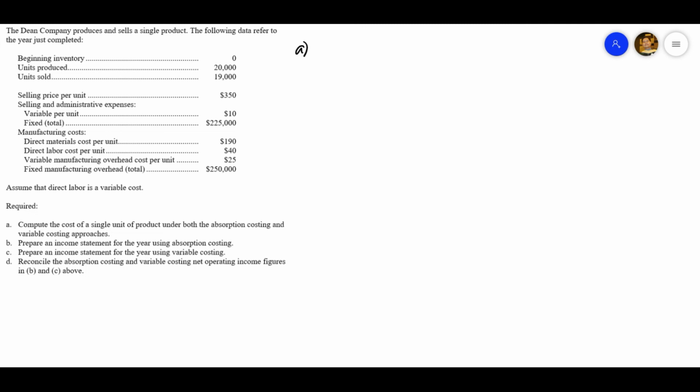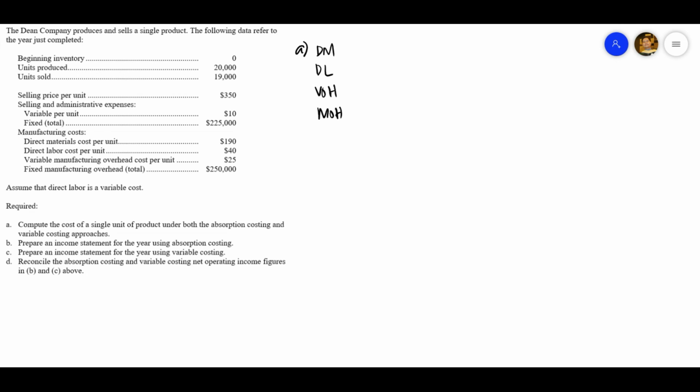Under absorption costing, remember, we include all the costs related to the product cost: your direct material, your direct labor, your variable overhead, and fixed manufacturing overhead cost.